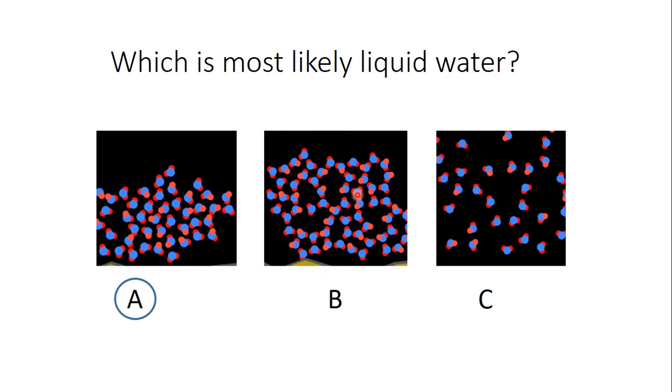B, there is more space between the molecules than A, but water is weird. Water is less dense as a solid than a liquid. Ice floats, and less dense means it has less mass in the same volume.